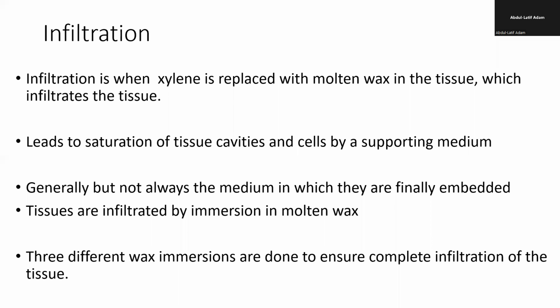Usually the medium that is going to be used to embed and solidify the tissue completely is what is used to infiltrate and impregnate the tissue, because it gives a good receptive base for the embedding medium. So you immerse the tissue in two or more changes of molten paraffin.